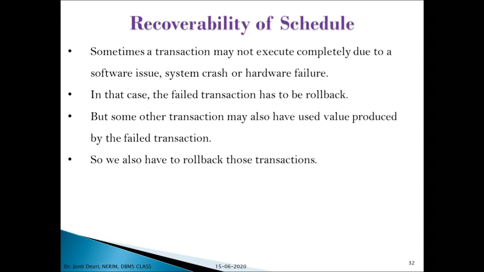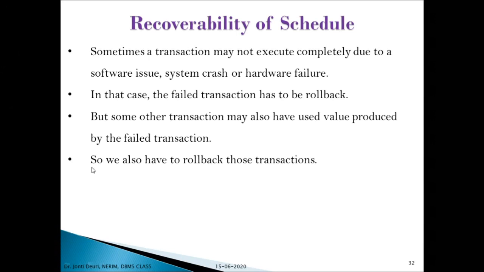At that time we cannot update, right? In that case we have to roll back. Rollback means we have to go back to the initial stage again. Whatever update or execution we have done, we have to undo it, roll back, right?